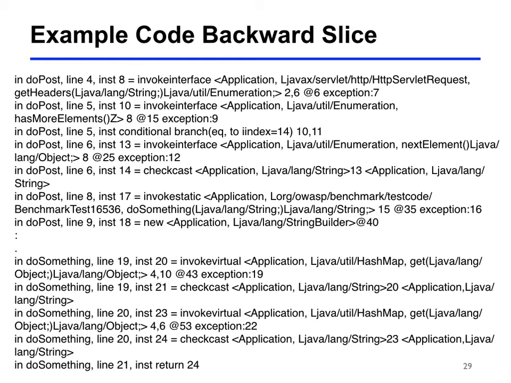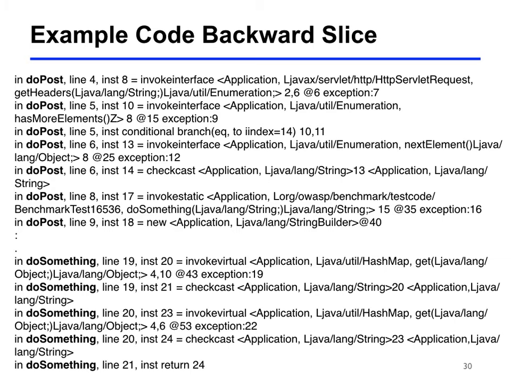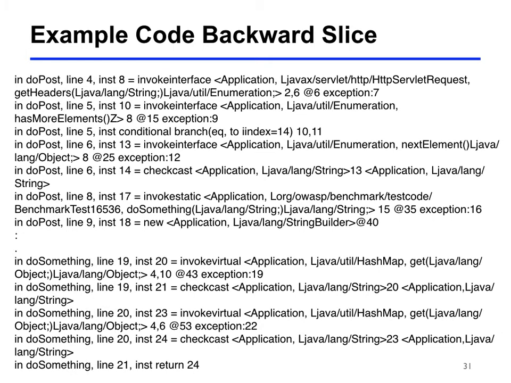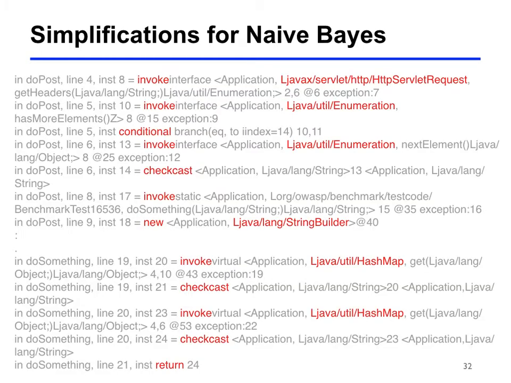Next, the backward slice of the example. Note that this time we have instructions from both methods because they affect the behavior at the error line. Alright, for running the naive Bayes, we used only the red parts.